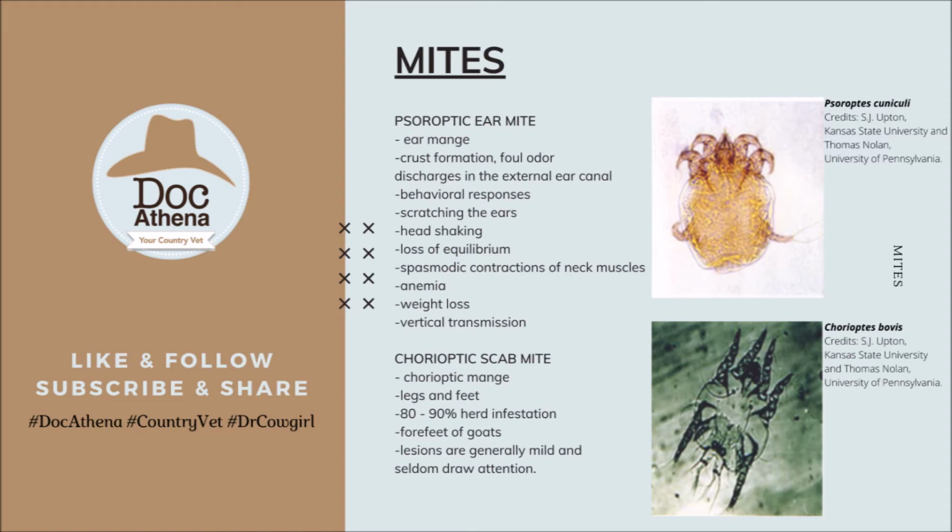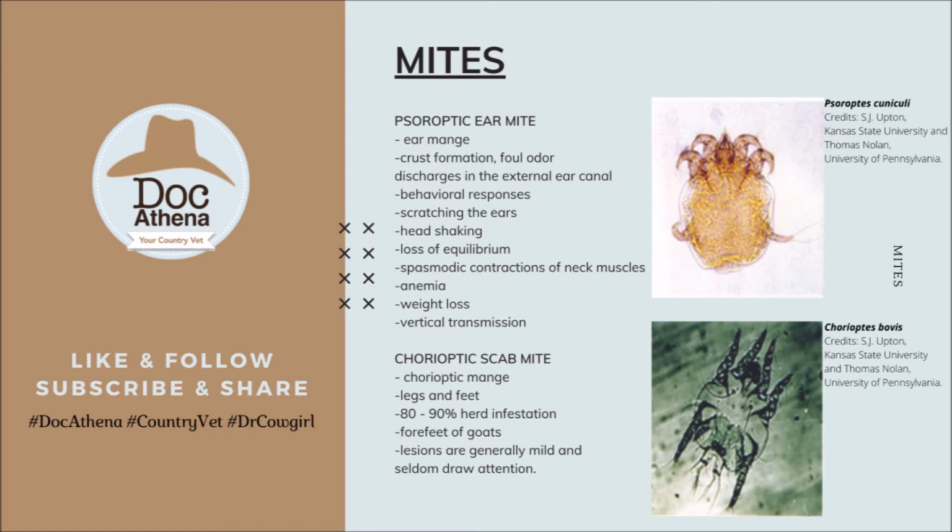As I have mentioned, since there's a loss of equilibrium, the animal might appear to be losing its balance. They don't walk normally because they're losing their equilibrium. We can also observe spasmodic contraction of neck muscles as well as weight loss. And if we submit a blood sample to the lab, there could be anemia.